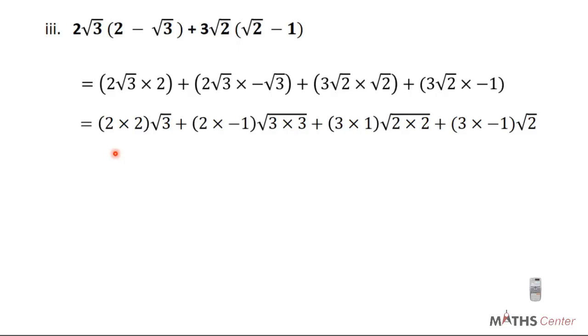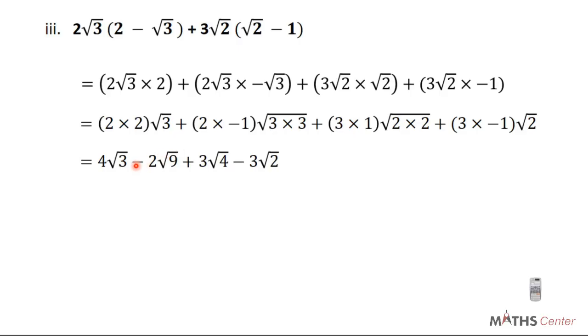So let's simplify. We know that 2 times 2 will give us 4. So you have 4 root 3. Then when you come here, 2 times negative 1 will give us negative 2. Then square root of 9. Now remember this one, the sign here is plus, here is minus. So when plus and minus meet like this, it changes to minus.